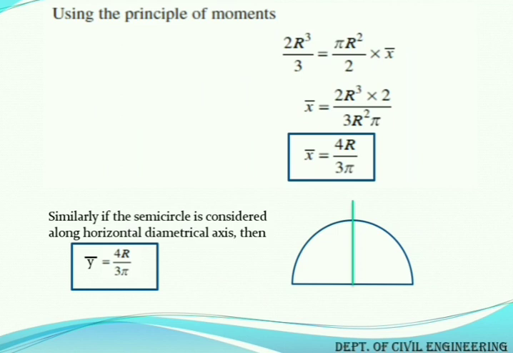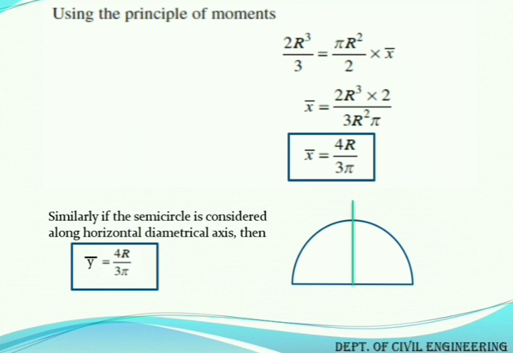Therefore, 2r cube by 3 is equal to pi r square by 2 into x bar. Cross multiplying, we get x bar as 4r by 3 pi. That is the centroidal distance from the vertical diametrical axis, that is x bar is equal to 4r by 3 pi.